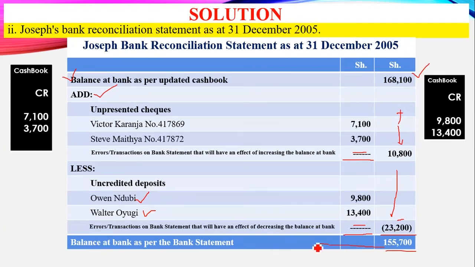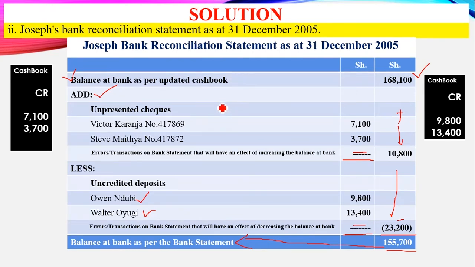155,700 here is the balance at bank as per the bank statement. Remember, the reason why we prepared the bank reconciliation statement was to explain the difference between the cash book and the bank statement balances.